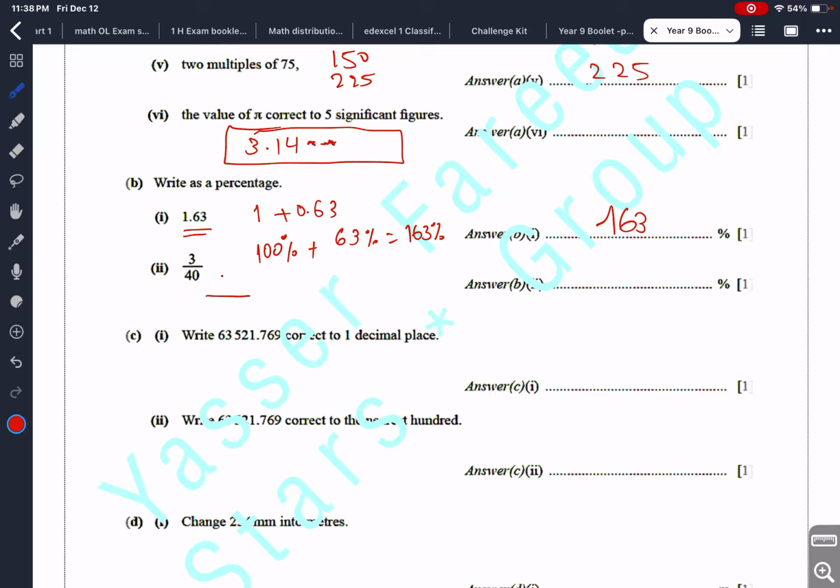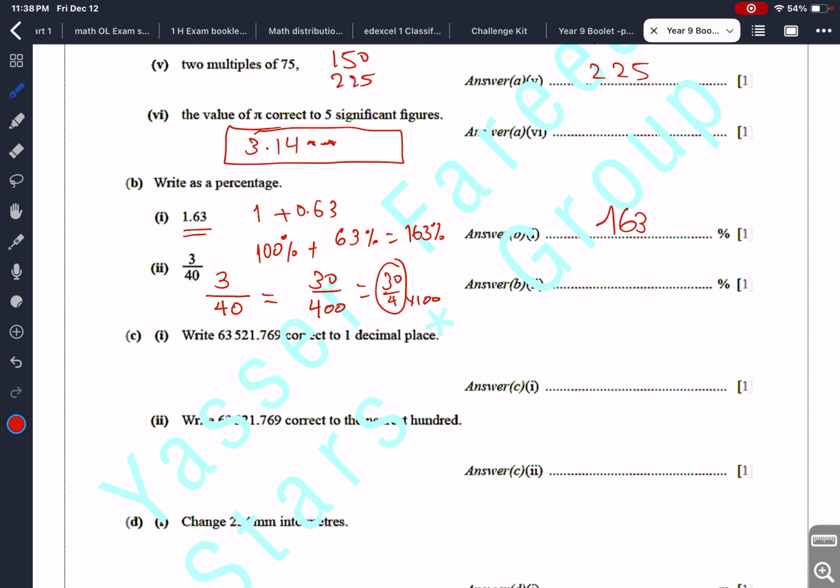So I have 3 over 40, which is equal to 300 over 400, which means 300 over 4 times 100. What's 300 over 4?